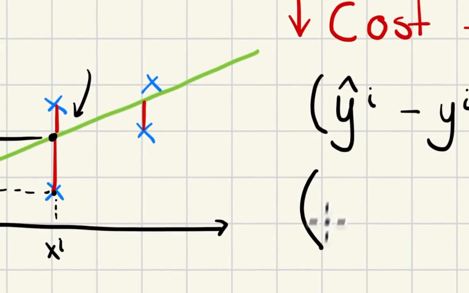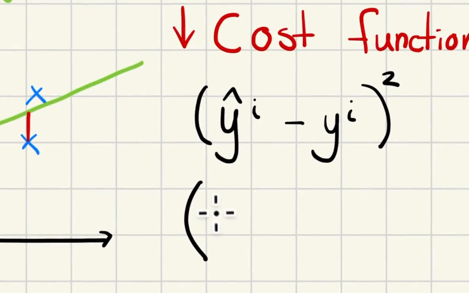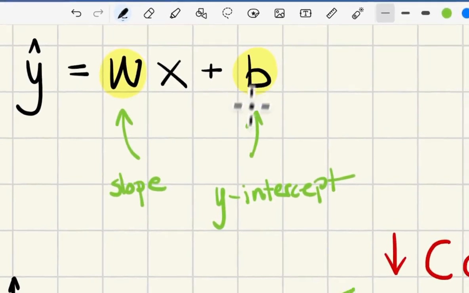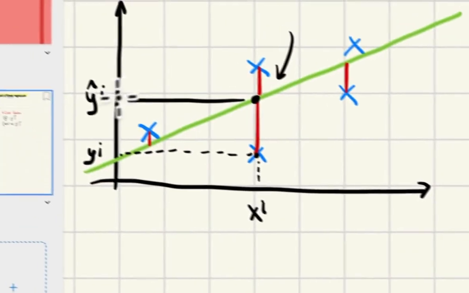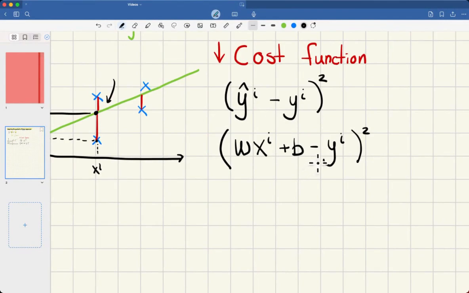And if I substitute back in what I had for y hat, we get something like this: w xi plus b, that was this thing right here, minus our actual label, or actual y, in this case our actual house cost. And right there, we have the cost function for one specific instance.